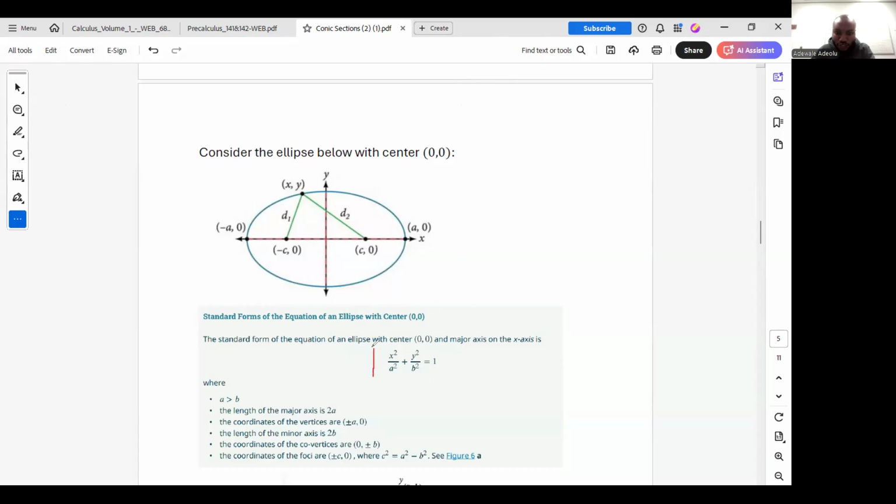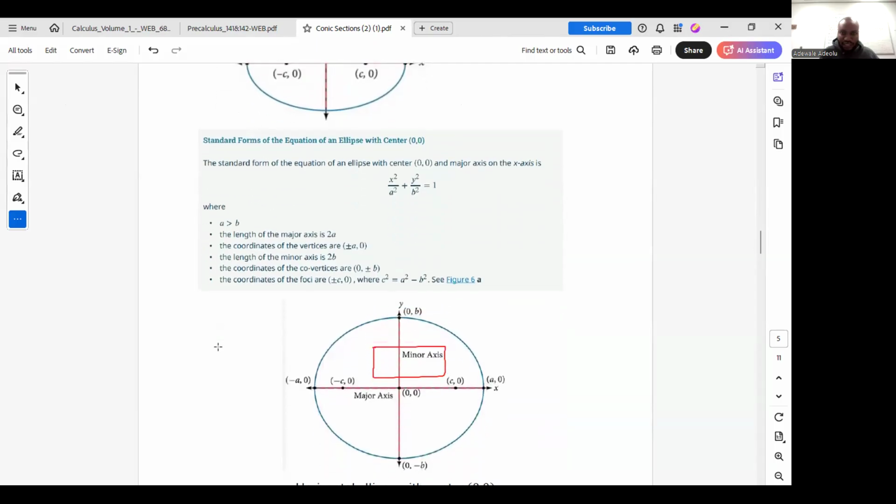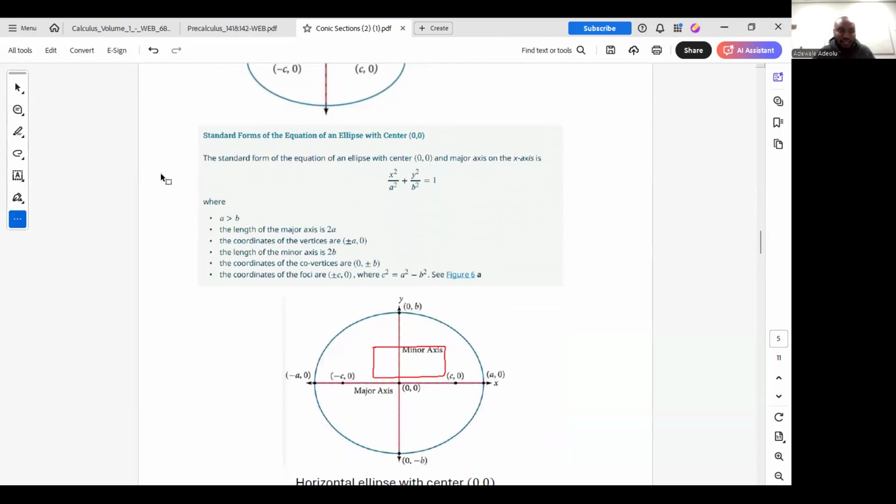Now, from what we just did, we see that the equation of an ellipse is given by this equation. And like I've said, with this idea that A is bigger than B, where A is greater than B, the length of the major axis is 2A. We have seen that already.